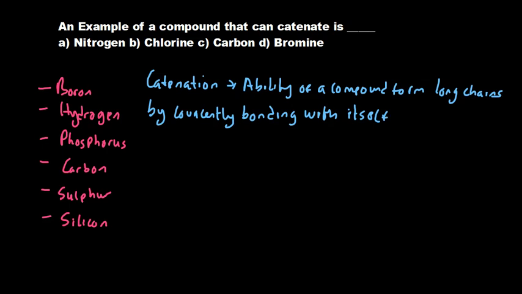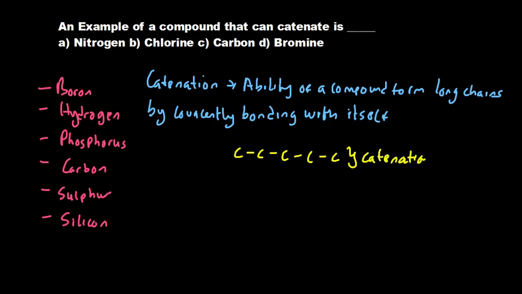So catenation is the ability of a compound to form long chains by covalently bonding with itself. Because of catenation, carbon can bond with another carbon atom. So this is exactly what we are calling catenation.